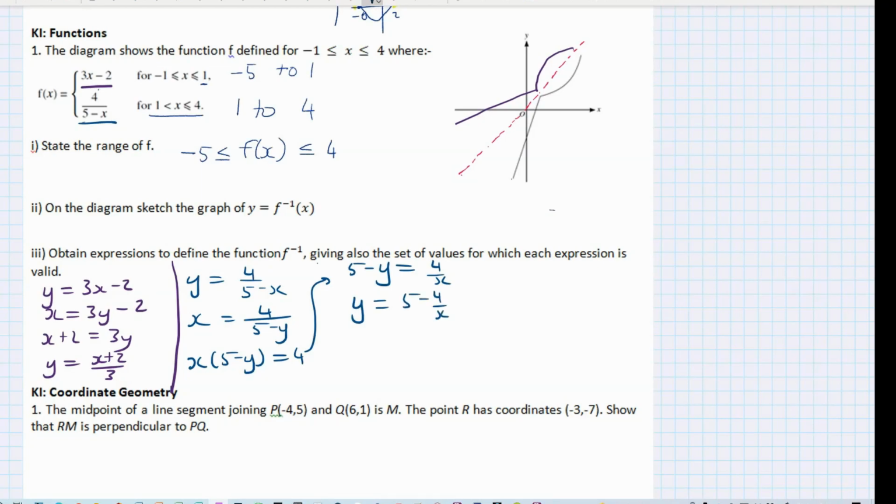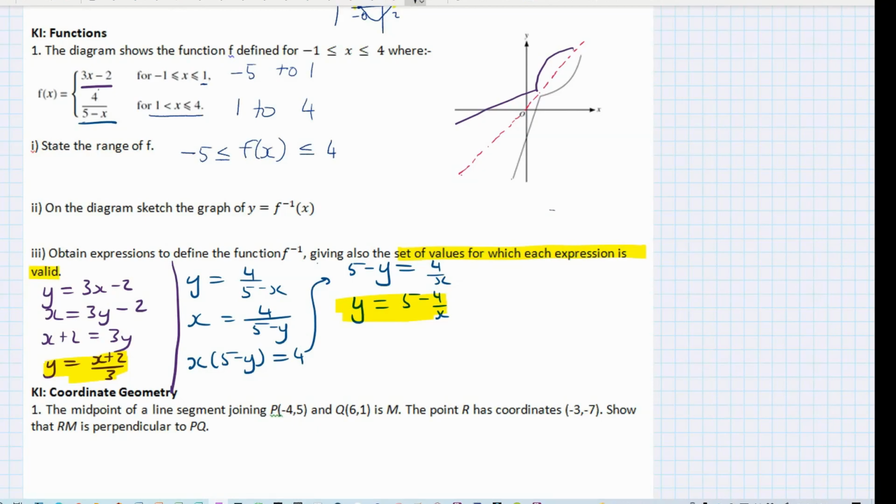Right, so we've got our two equations, but they're not in function notation yet. We're just going to do one more thing. We also need to give the set of values for which each expression is valid. In other words, we're giving the domain.